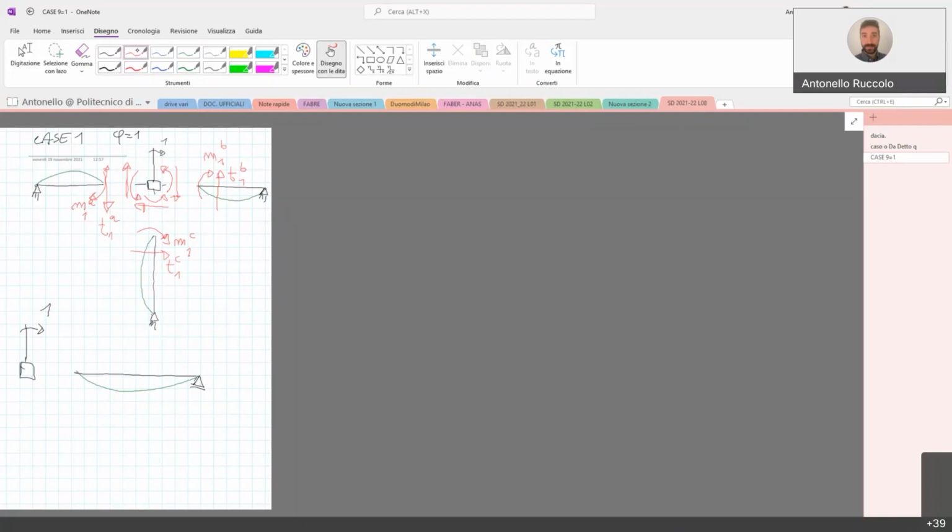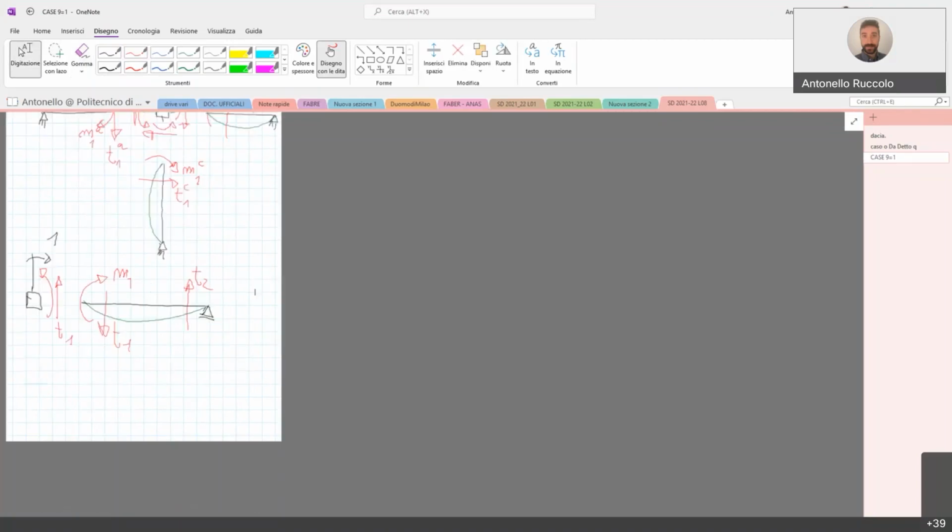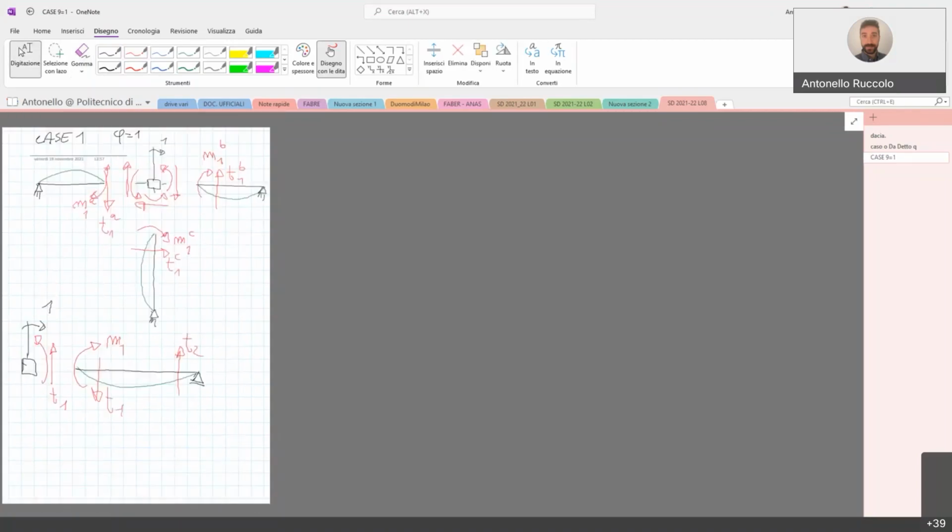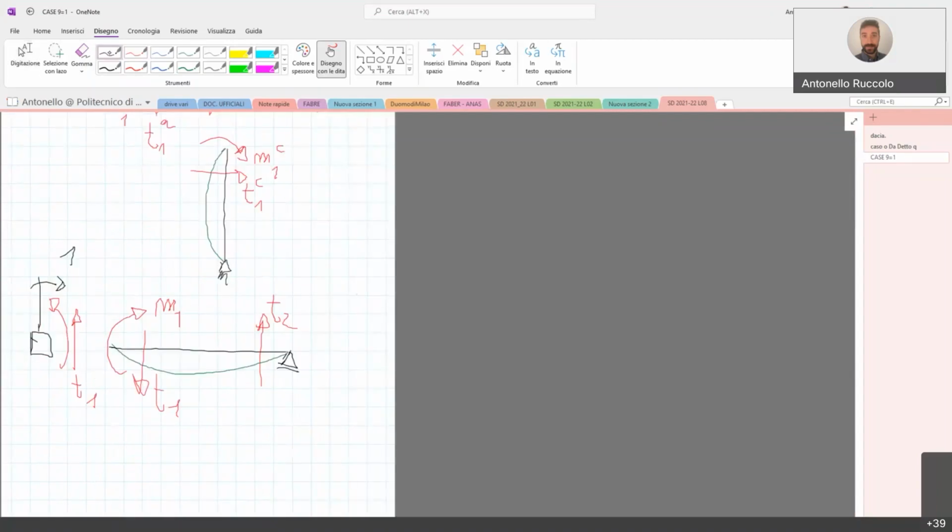M1. But we also have T1, and here it is opposed, T2. Apologies.